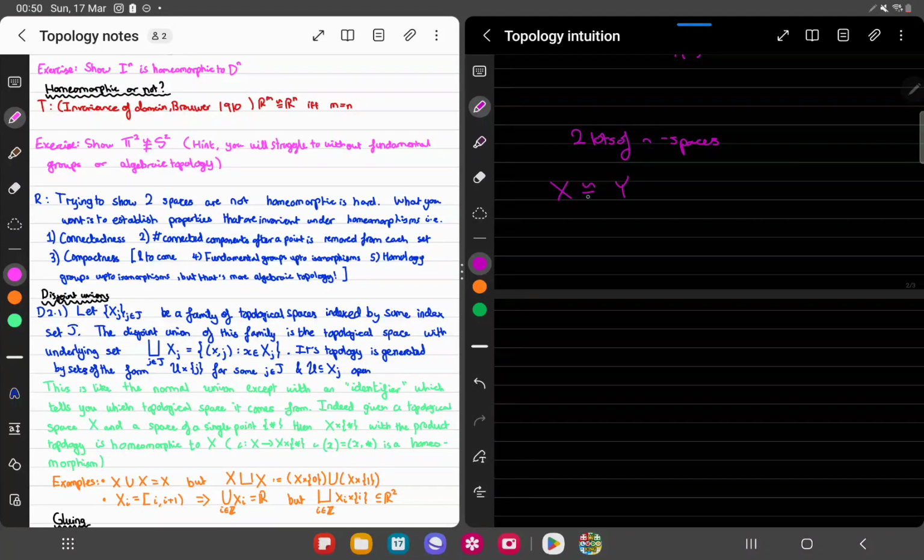If they're homeomorphic, and I do some sort of operation and get an algebraic structure like a group, or a vector space, or a matrix, then I'd expect these two things to be isomorphic, because they're algebraic structures now. The examples I've given here are fundamental groups up to isomorphism, and homology groups up to isomorphism, except that's more algebraic topology.